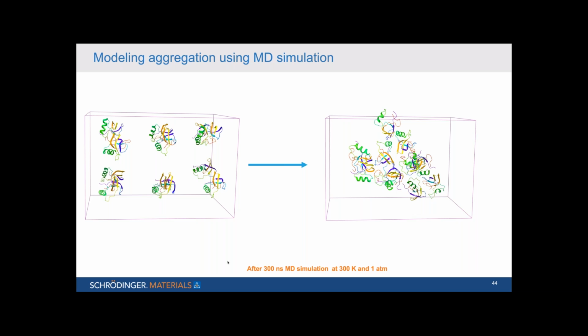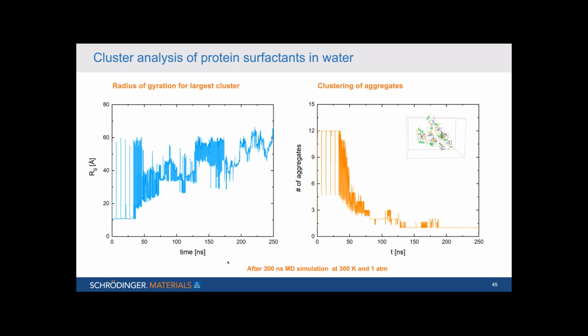And I mentioned earlier there are more advanced tools. We have ways of calculating the radius of gyration of the clusters, or the largest cluster, and how they are aggregating. So if there are 12 molecules and they're all going to form one larger aggregate, what's the relative orientation and how long does that take? So this kinetics can start to, at least on a small scale, in a semi-dilute environment, help us think about how to predict kinetics.